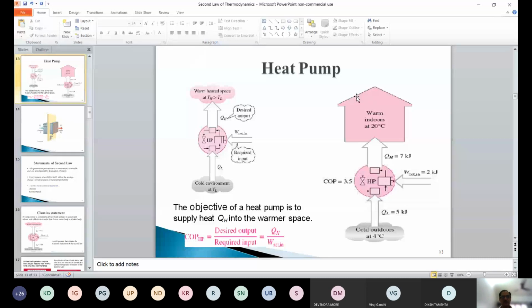So in this case, the objective is how much heat is supplied to the room, not QL. In the refrigerator it was how much heat is removed from the fridge, whereas here we are looking at how much heat is supplied to keep the room warm. So desired output is QH, whereas input is again WN.